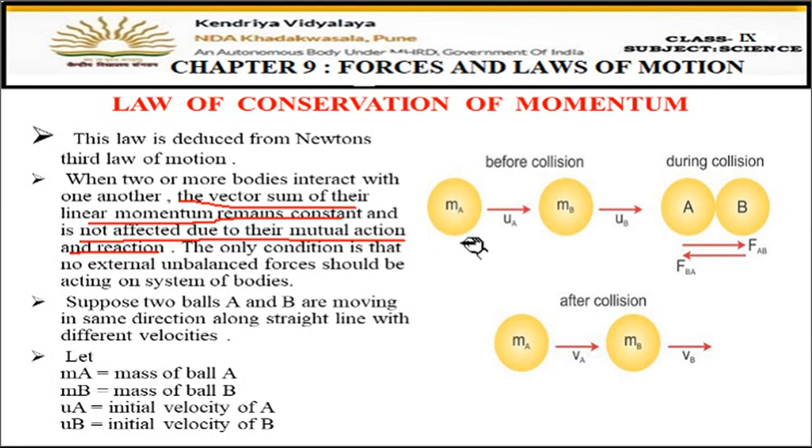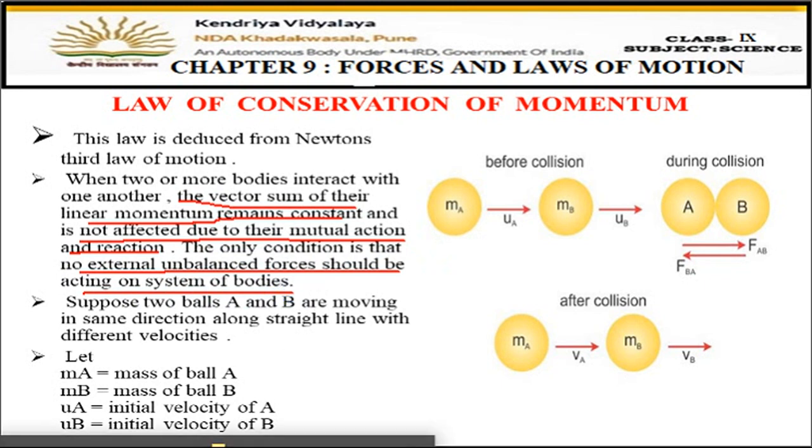Whether the bodies are interacting with each other or not, their linear momentum remains constant. But the only condition is that no external unbalanced force should be acting on the system of bodies. So up to when will their linear momentum remain constant? Until any external unbalanced force is acting on them.